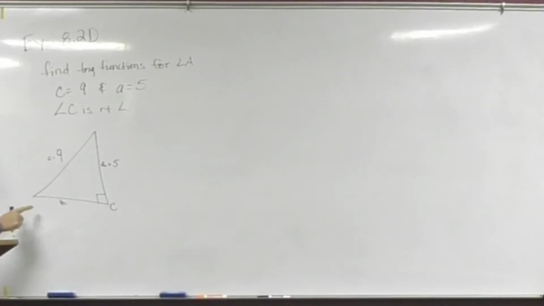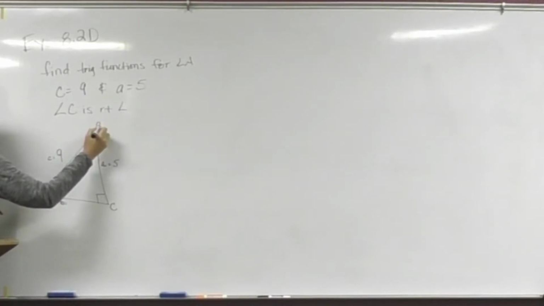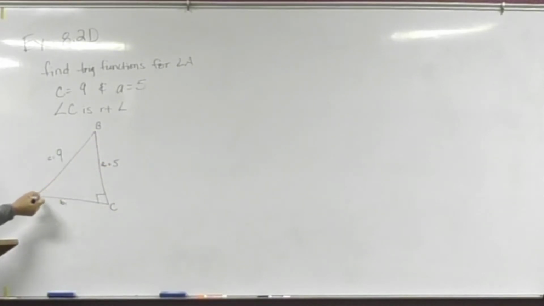Y'all remember that? So this is side B, and he has to be opposite his angle, so this has to be B. And this is side A, which we know has to be opposite its angle, so that's A. That means this is going to be our reference angle once we get down to the point of finding sine, cosine, and tangent.